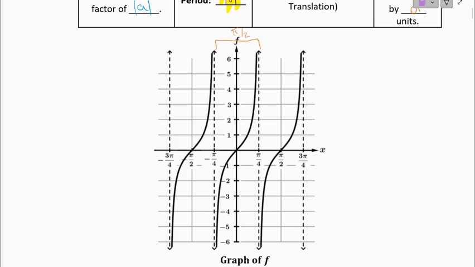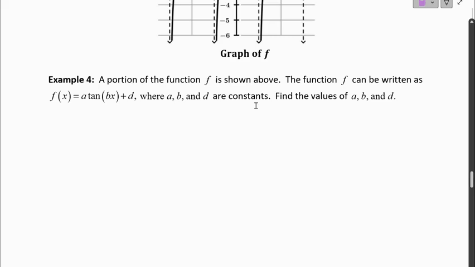So we now know the period is pi halves. And just like before, where we manipulated it, if we wanted to solve for b, we can do the normal period over the period. That also works here, right?